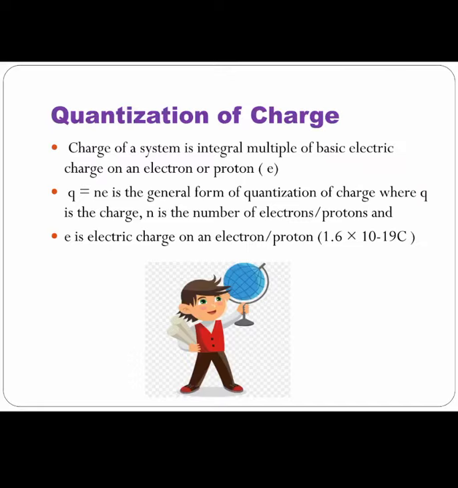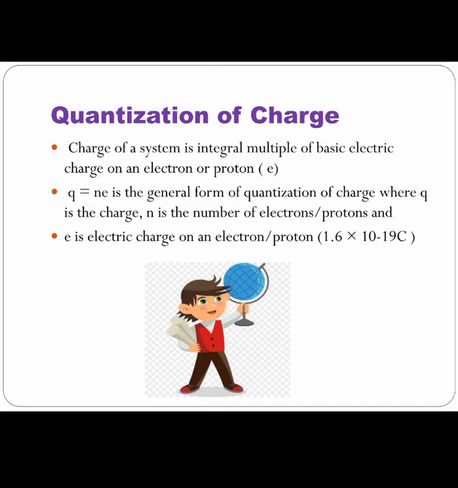And third, we are going to discuss quantization of electric charge. The charge of a system is an integral multiple of the basic electric charge of an electron or proton. Electron is denoted by small e, and proton is also denoted by e. What is the difference?